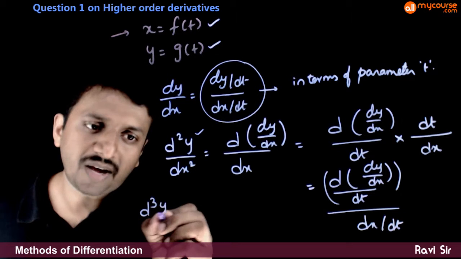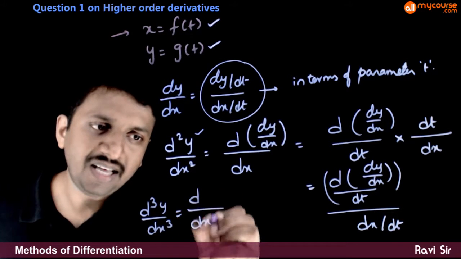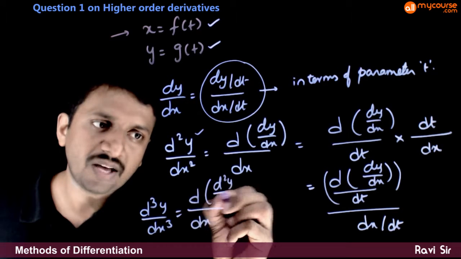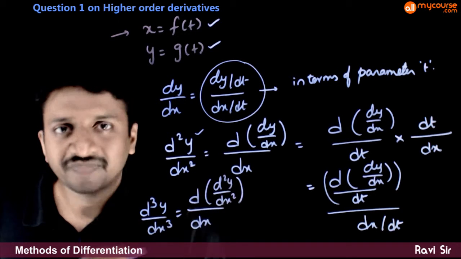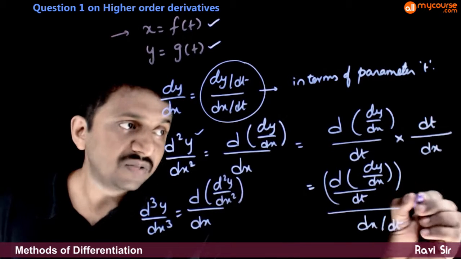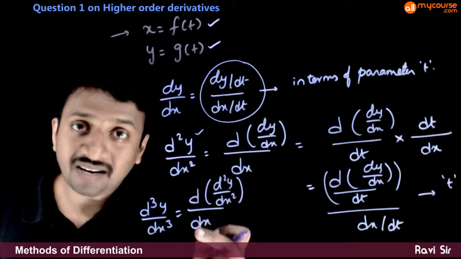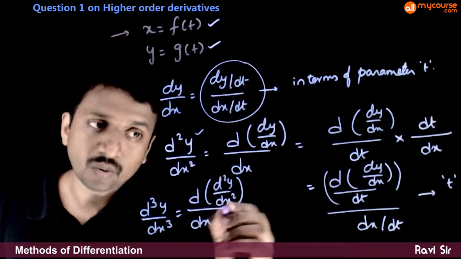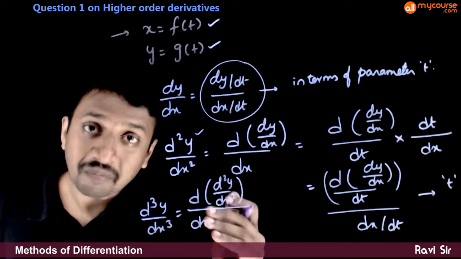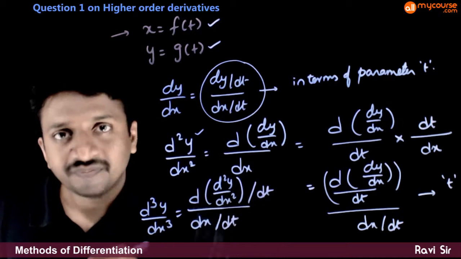So, d cube y by dx cube is nothing but d by dx of d square y by dx square. Now, as you can see, d square y by dx square will also be in terms of t. So, you cannot directly differentiate with respect to x. So, what I do is, I divide both numerator and denominator by dt.